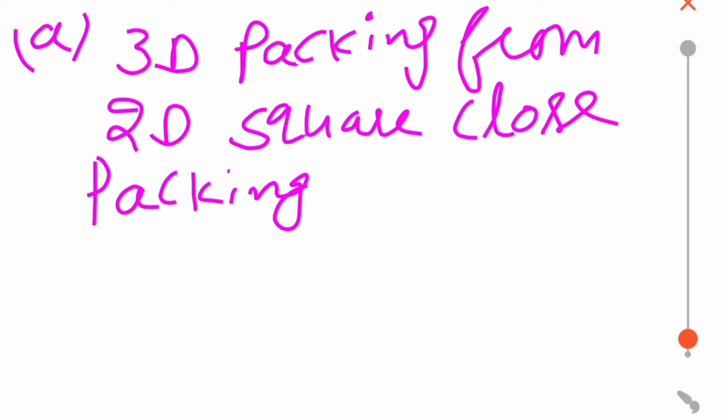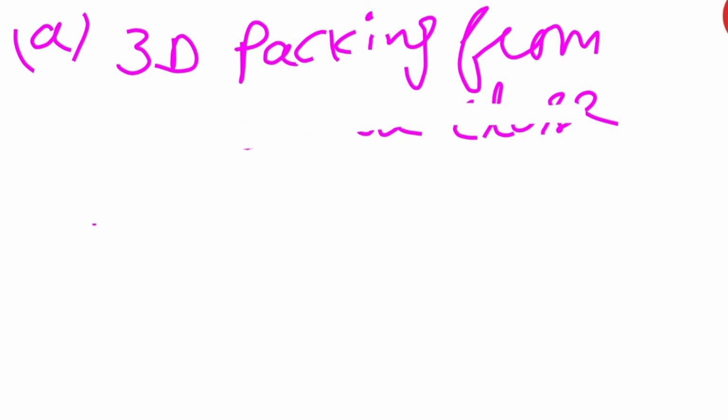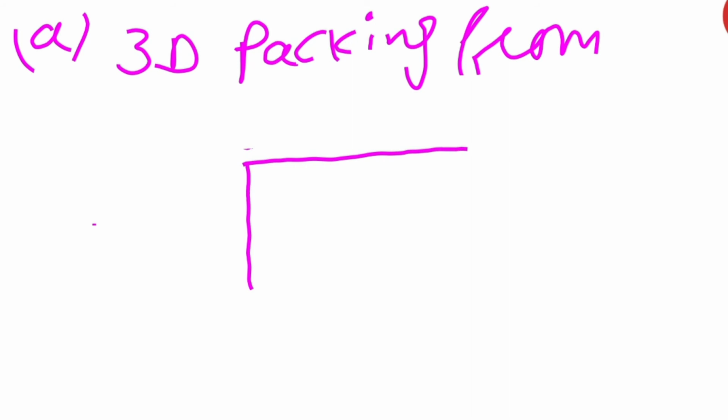Now in this case, let's see what I am doing. I hope you have all written this heading. Then I am going to make the structure for 3D from the 2D. First of all, to draw the similar structure, we'll try to draw the cube.